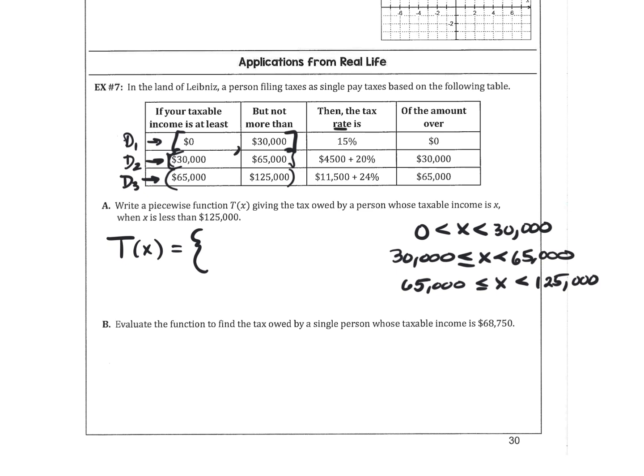So now we got to find the function. Rate means multiply, doesn't it? So 15% is what in decimal terms? 0.15, right? So the function is 0.15 times x. That's what rate means. And now we're filling in. Now it says 4,500 plus 20% over 30,000.